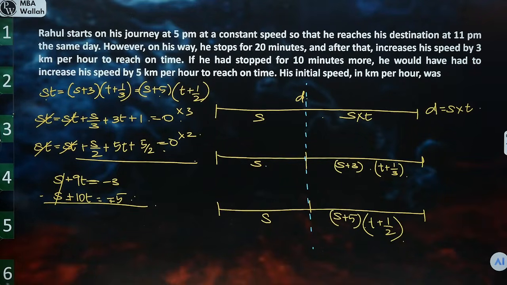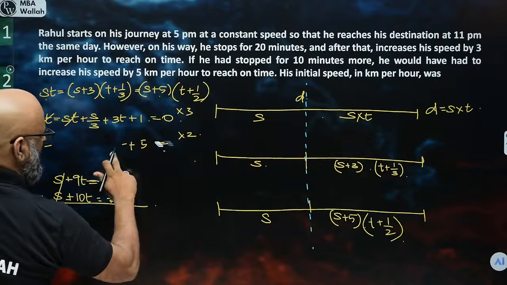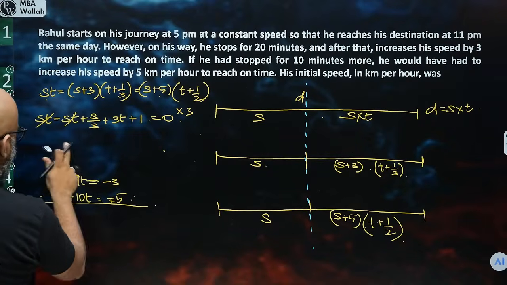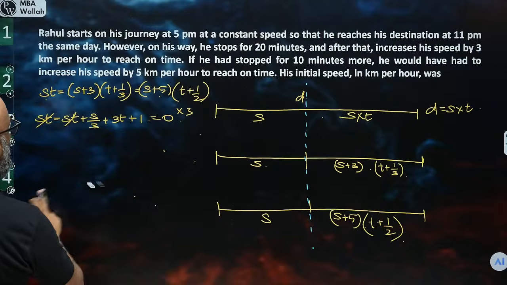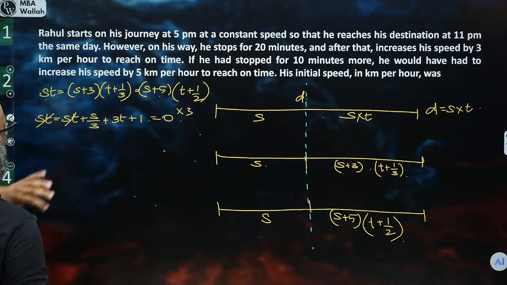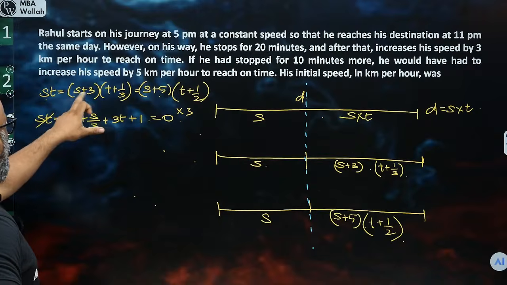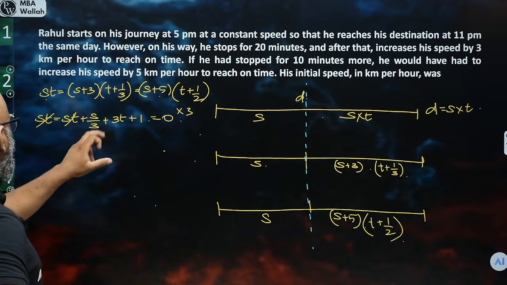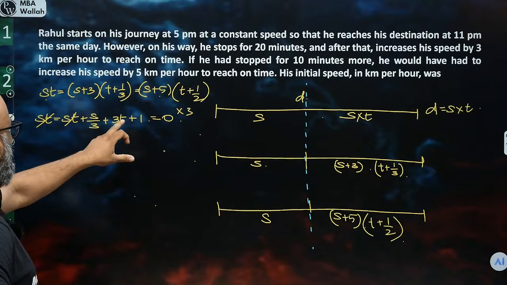Am I making a mistake with the calculation here? Let me just revisit it again. st plus s by 3, 3t plus 1, correct.